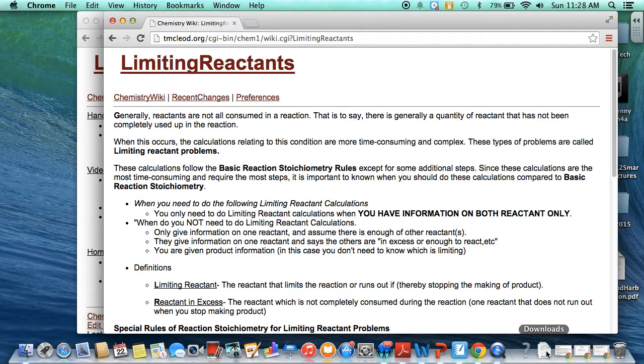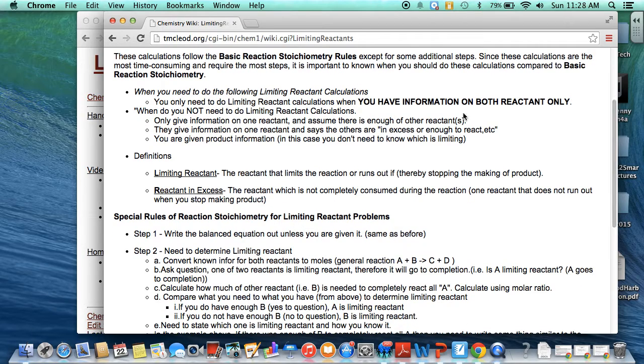So if that's not the case and you're given information about both reactants, the first thing you must do, what's going to happen is one's going to run out first, and that's called the limiting reactant. And that limits how much of the product you make. And the other one is called the reactant in excess, or just in excess.